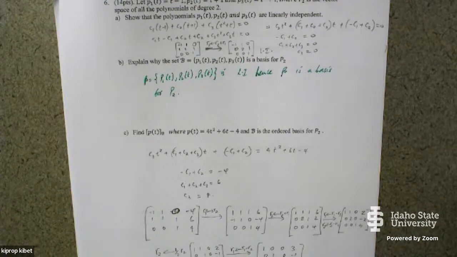If all the columns have pivot positions, then it has only the trivial solution. So it is linearly independent, so it has a basis.